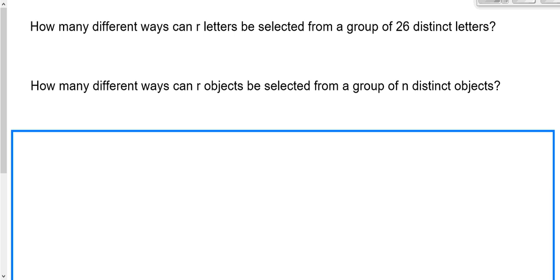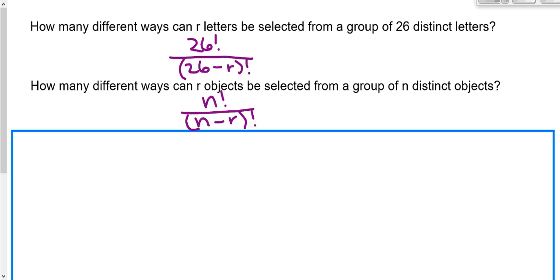You're not using 26 minus R. So your numerator is going to be 26 factorial, but your denominator is going to be 26 minus R factorial. And then generalizing even more, how many different ways can R objects be selected from a group of n distinct objects? So you have n factorial on the top, and then you have n minus R factorial on the bottom.